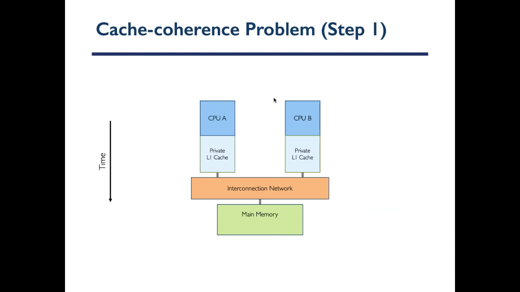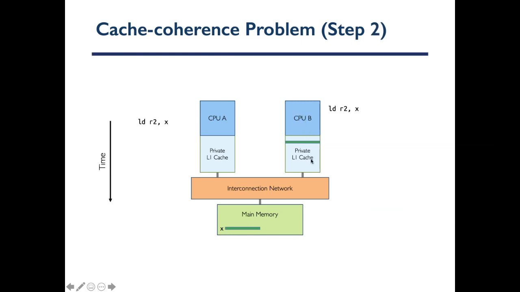Let's say that there is a shared data residing in memory location X. Let's say I execute a load on this memory, loading this memory location to my register R2 on CPU B.